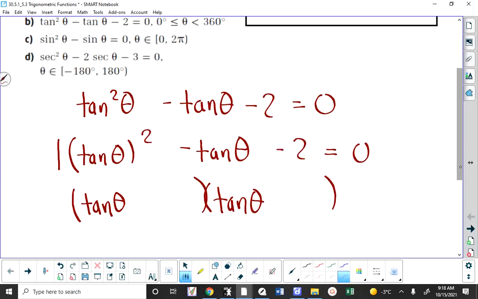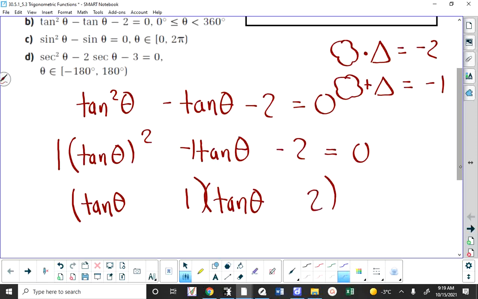And then you're looking for two numbers which multiply to give -2, and those same two numbers add to give -1, because -1 is the coefficient of the middle term. So there's only two numbers, disregarding positives and negatives, that multiply to give 2. They're 2 and 1. And it doesn't really matter where I put them because each one has tan.